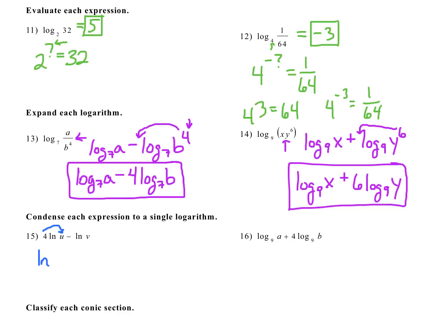So the natural log of u to the 4th minus the natural log of v. And since we see that minus sign there, we know that we're going to have the quotient property, so this becomes the natural log of u to the 4th over v.